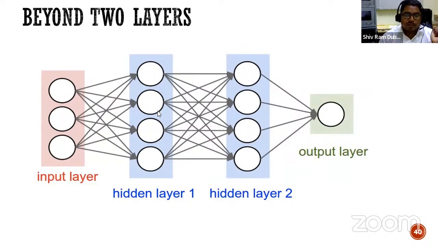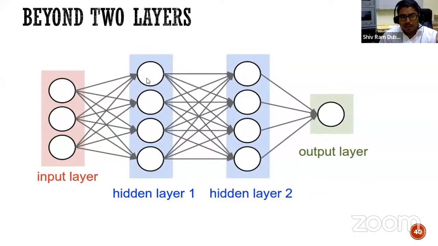Could you please repeat what is happening in the hidden layer? If you see the different neurons in a hidden layer, all these neurons are receiving the same inputs, but they have different weights.